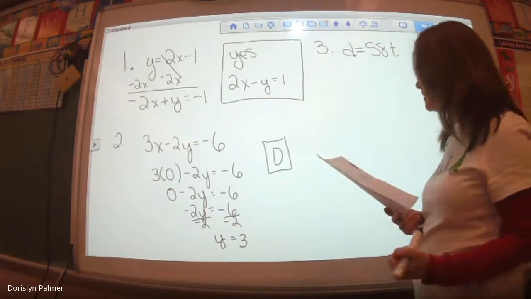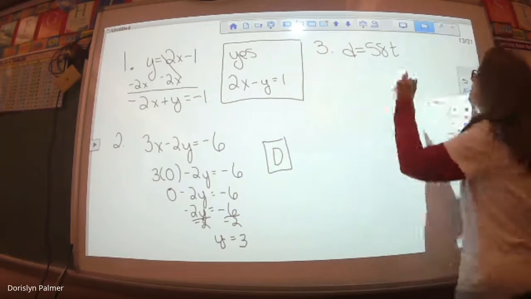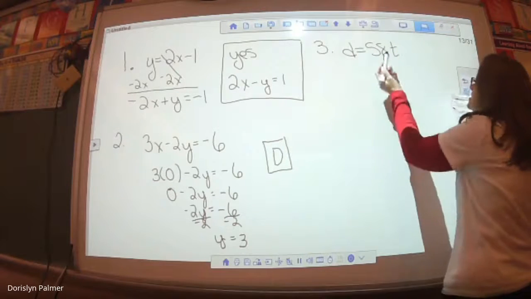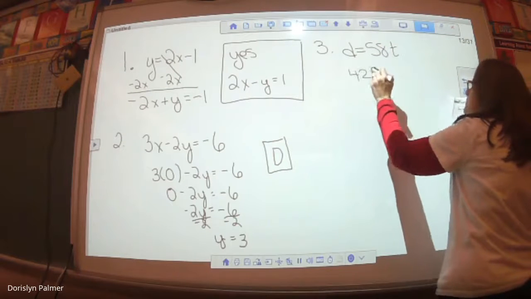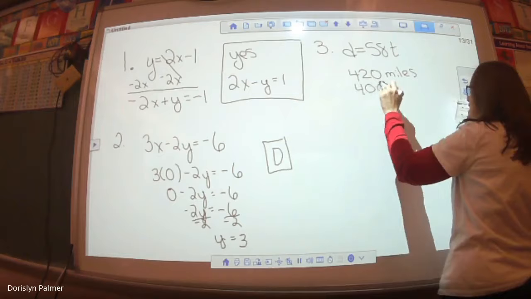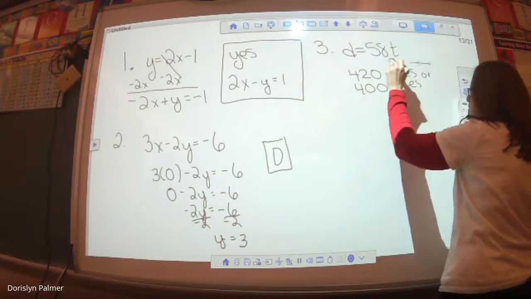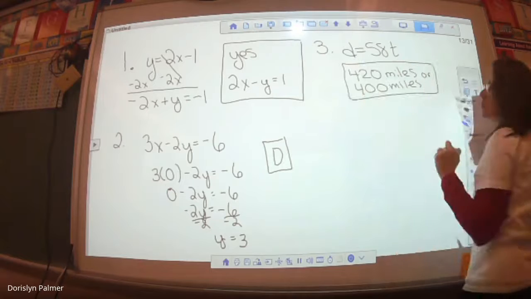Okay, so this wouldn't be 8 miles. You wouldn't travel 8 miles in 7 hours. You're going to put a 7 here and give an estimate. So 60 times 7, maybe 420 miles, 400 miles, because you'd be like, that's a little less, something like this. Something around here is what you should have had.